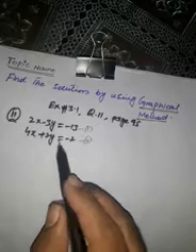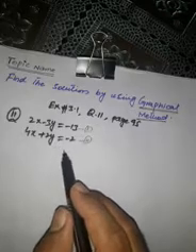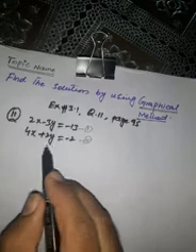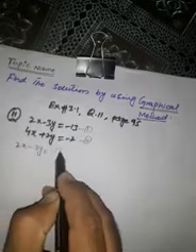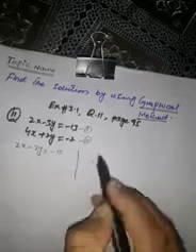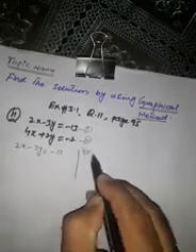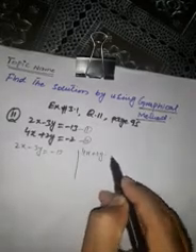From these equations we find their intercepts. Let me write the equations: 2x minus 3y is equal to minus 13, then 4x plus 2y is equal to minus 2.